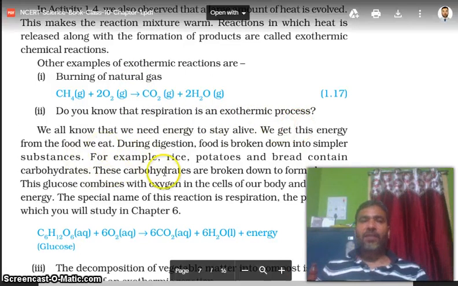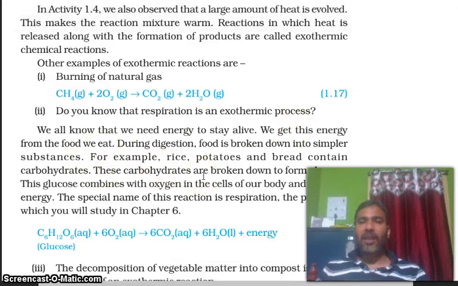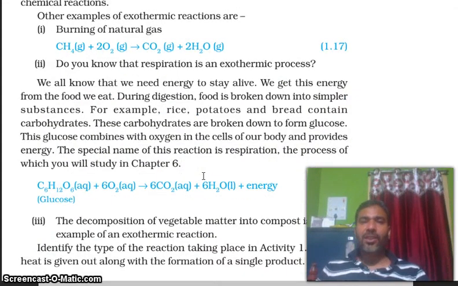We all know that we need energy to stay alive. We get this energy from the food we eat. During digestion, food is broken down into simpler substances. Your food is carbohydrates, proteins, fats. For example, rice, potatoes and bread contain carbohydrates. These carbohydrates are broken down to form glucose, and this glucose combines with oxygen in the cells of our body and provides energy.